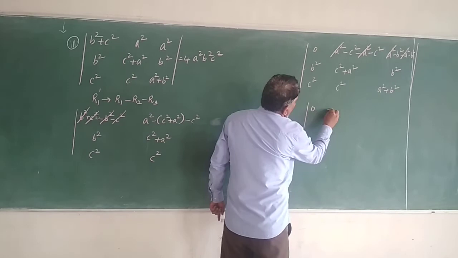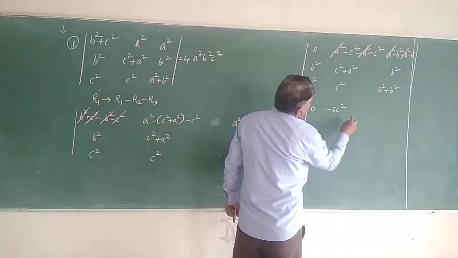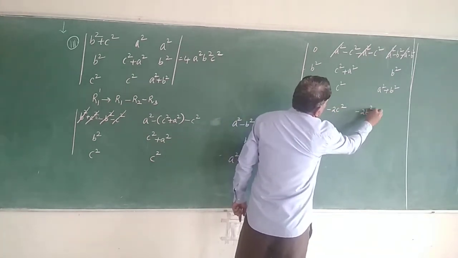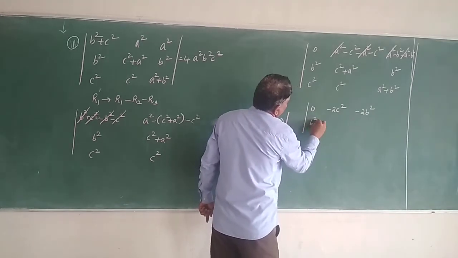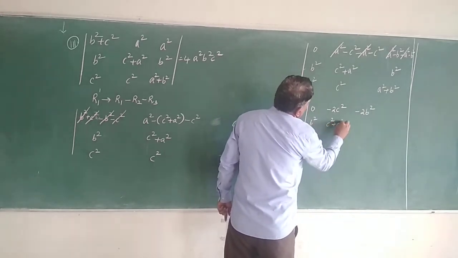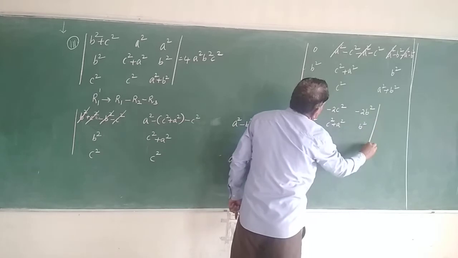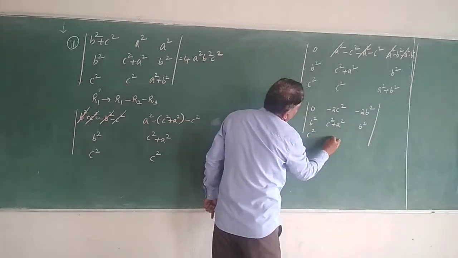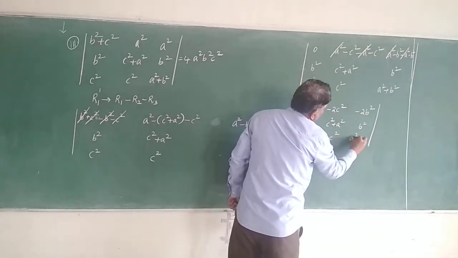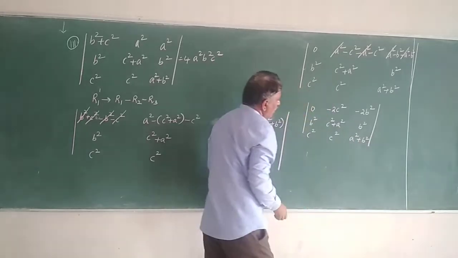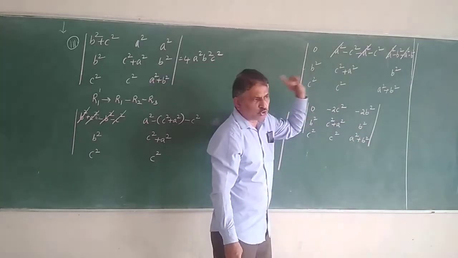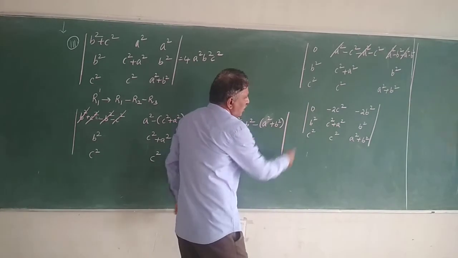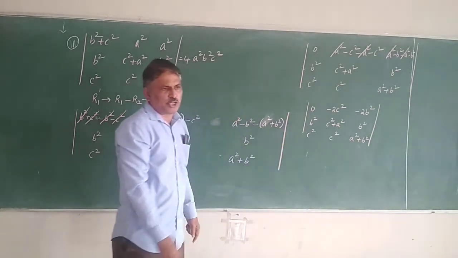I will get minus 2 times C square, minus 2 times B square. B square, C square plus A square, B square. C square, A square plus B square. In the first row I can take minus 2 common. Remember the earlier problem: 0 can be written as minus 2 into 0.